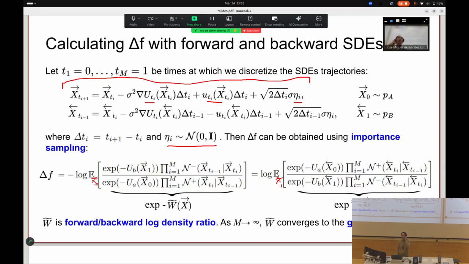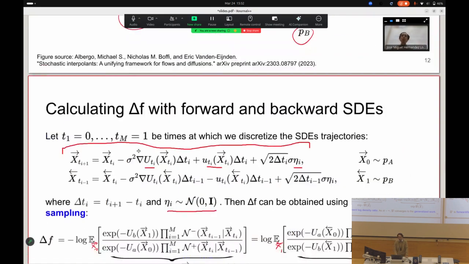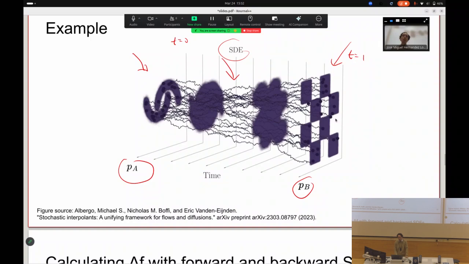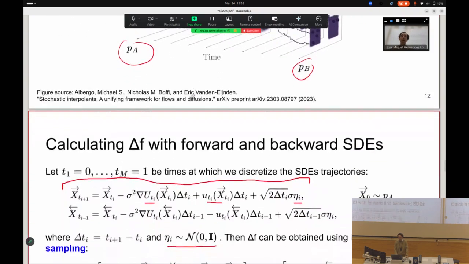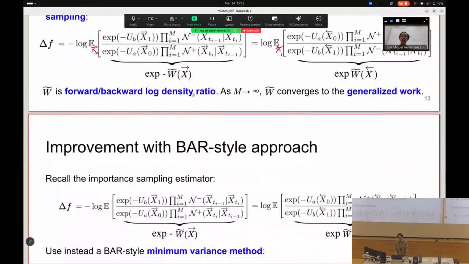And we are going to have less variance because there is going to be now overlap between these SDEs. And that's the key thing here. You can now do importance sampling over SDE trajectories and not between the distributions. There is no overlap between the two distributions, PA and PB, but there is overlap between the forward SDE and the backward SDE. Okay?